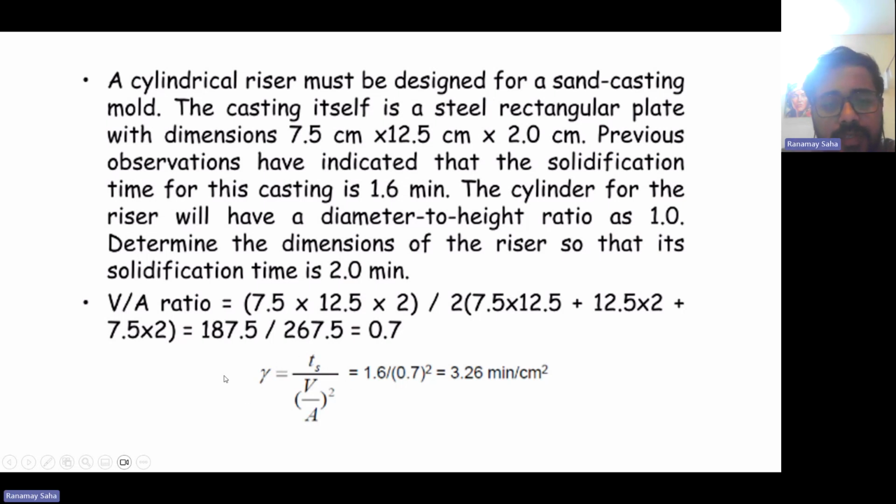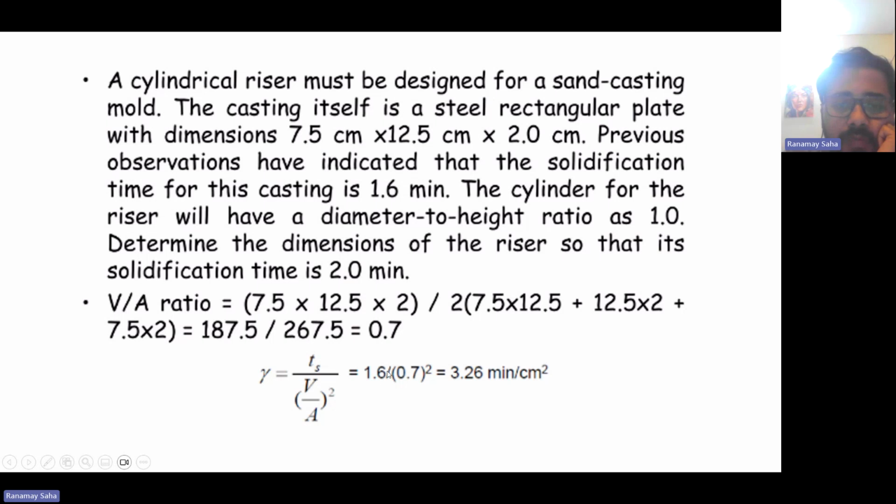This is the formulation from undergraduate level; you all must have seen it. This is the solidification time, this is the casting modulus, and this is the constant. Then Ts is given as 1.6 for the earlier observed case.